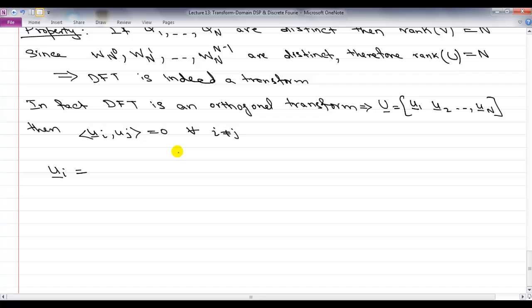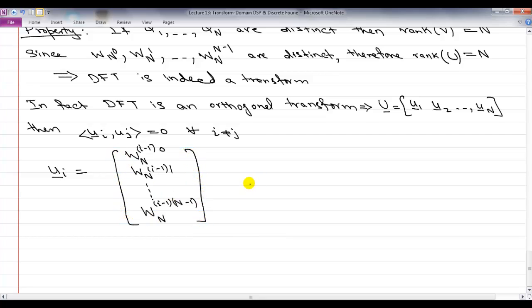So the ith column is simply Wn^(i-1): its 0th power, its first power, up to its (n-1)th power.